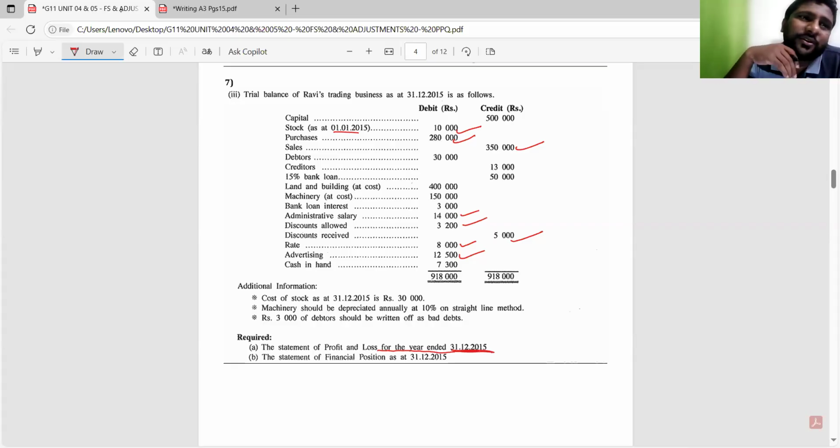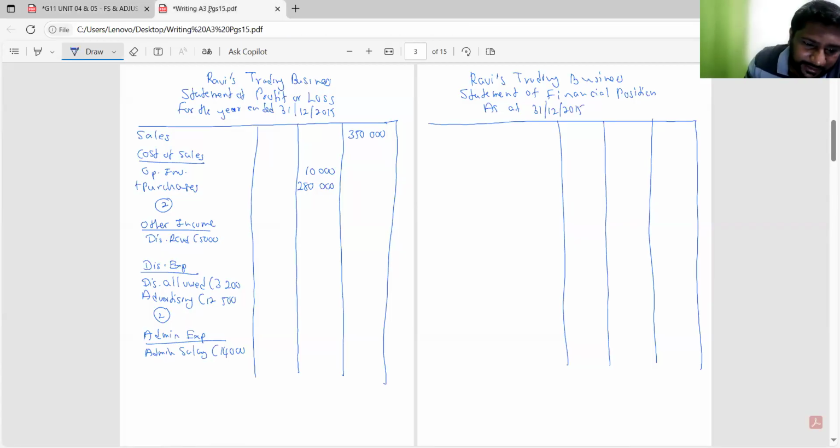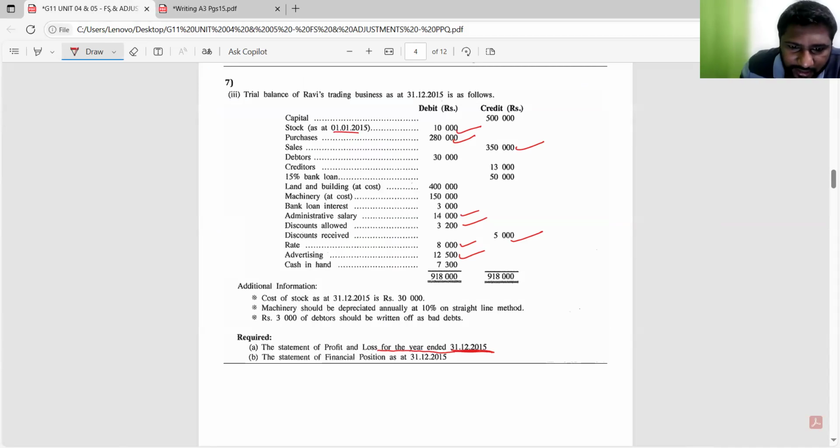So for them to maintain those things and keep the road clean, we have an expense. So businesses have to pay a small amount annually, like 5,000, 10,000. So that is rates. That's a part of admin expense. How much is the value? 8,000.